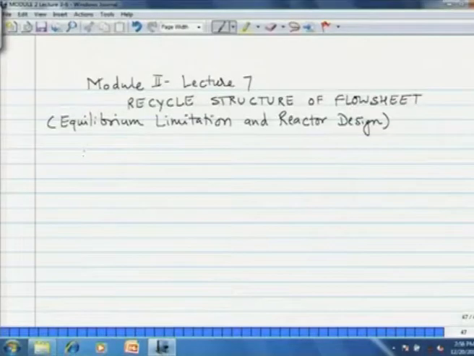In some cases, it is necessary to determine the exact value of equilibrium conversion as a function of design variable, because this value appears in the kinetic model used to determine the reactor size. We shall see all these things with an example of cyclohexane production. So, that point we note.